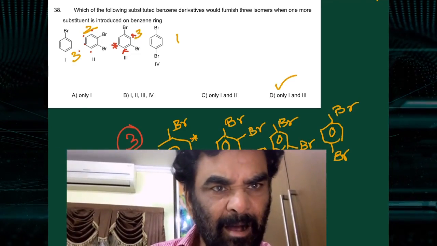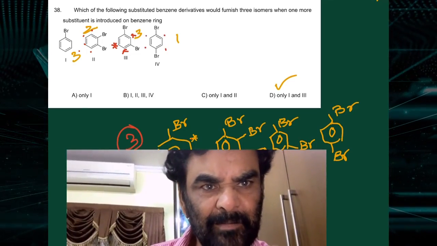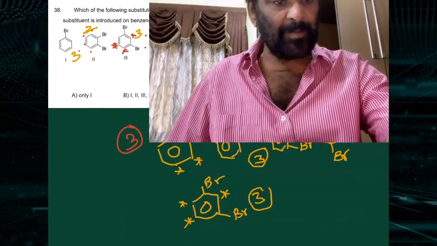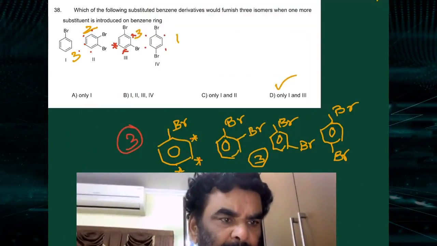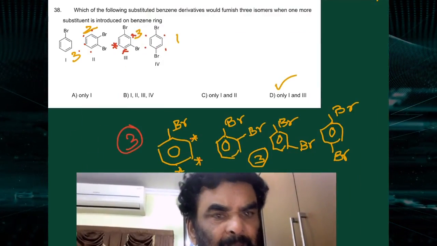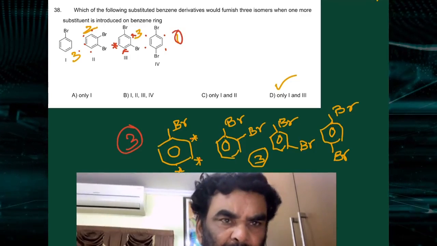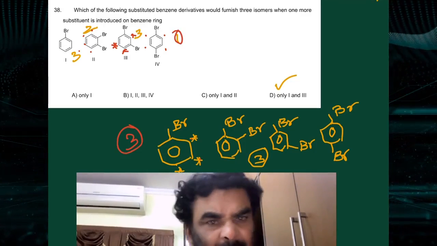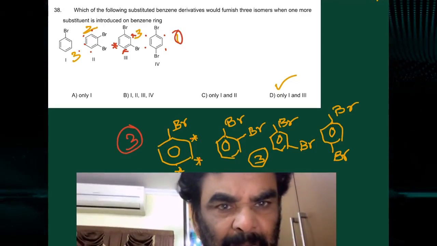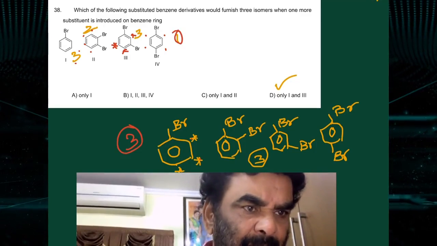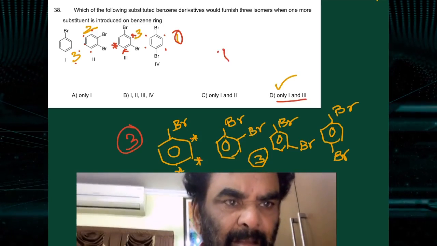And here, all are equivalent, you see. Wherever you introduce it, you will get the same product. Therefore, only 1 is possible. So for 3 isomers, only 1 and 3. 1 and 3 are correct. D is the correct option.